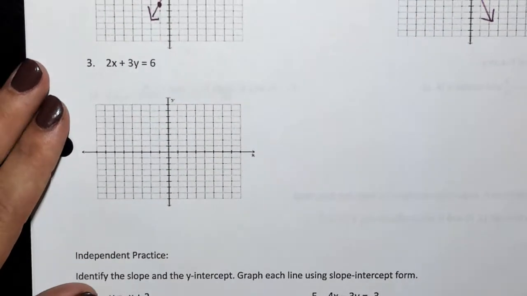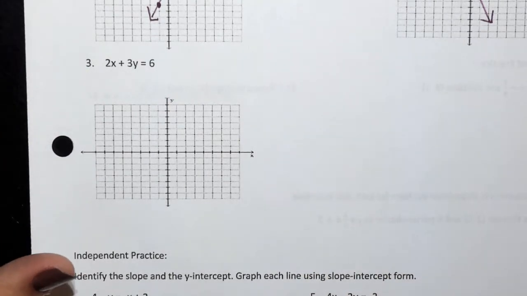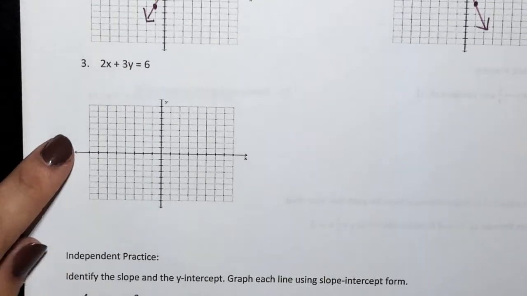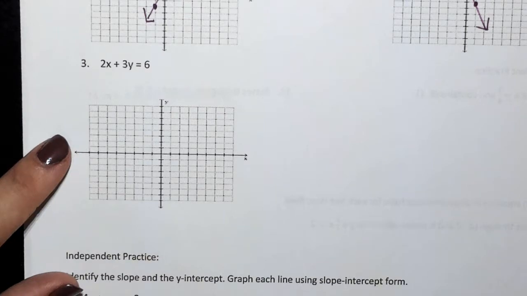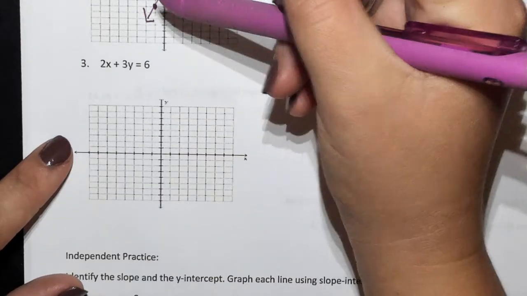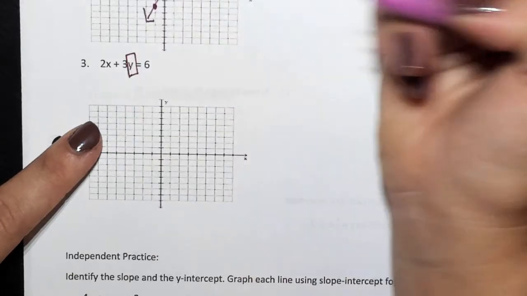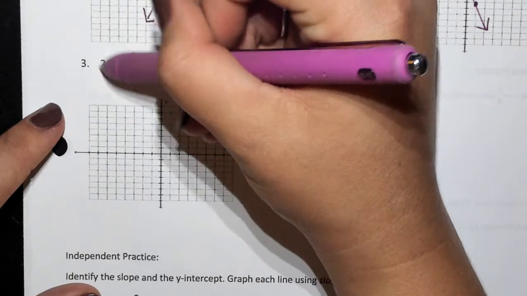Alright, number 3. There's not just one step to get y by itself. There's 2 steps in this one. What's the first thing I need to do? Don't divide yet. Here's why. I need to get y isolated by itself. Well, I need to move this whole thing to the other side.